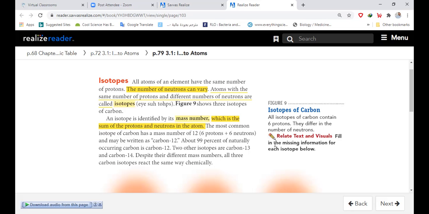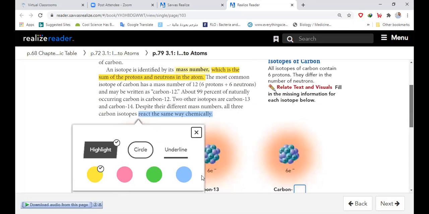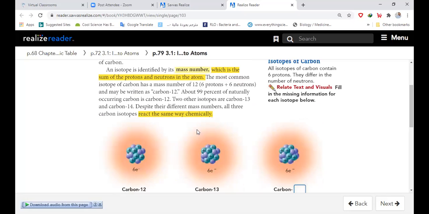Hang on a second. We will be discussing the chemical reactions later, but I will give you a hint about this. Why are all the carbons chemically the same? Because the chemical reactions depend on the number of electrons. Do these isotopes differ in the number of electrons?